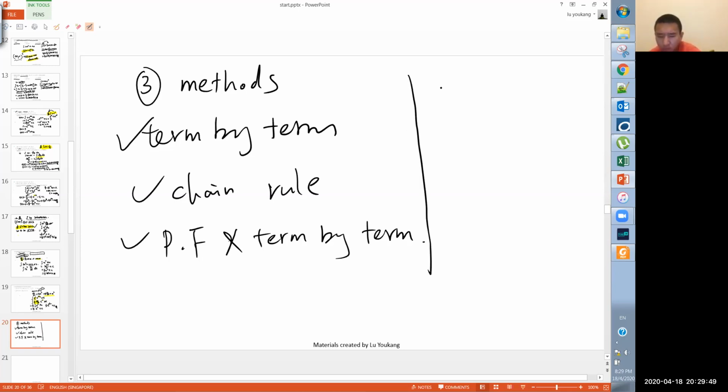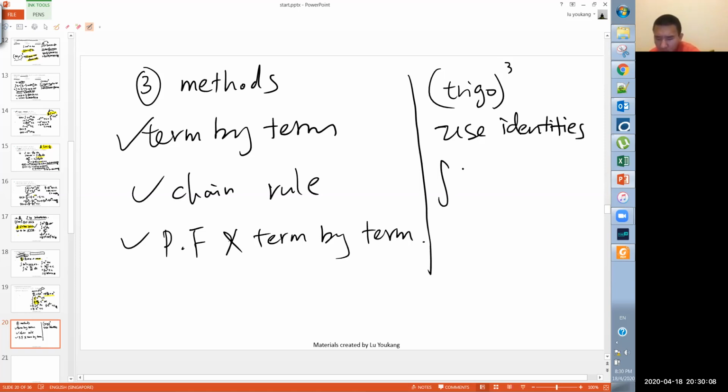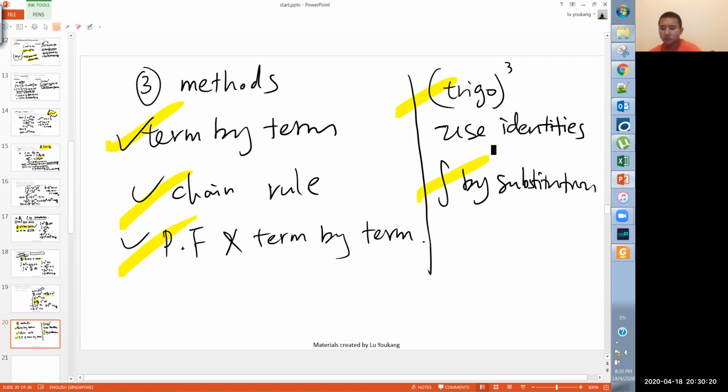When it comes to trigo to the power of more than 1, you need to use identity. And then the last one is integration by substitution. So these are the methods we have learned so far to do integration.